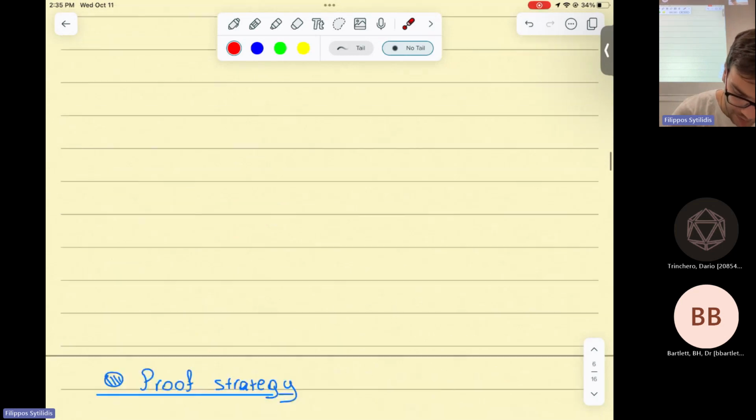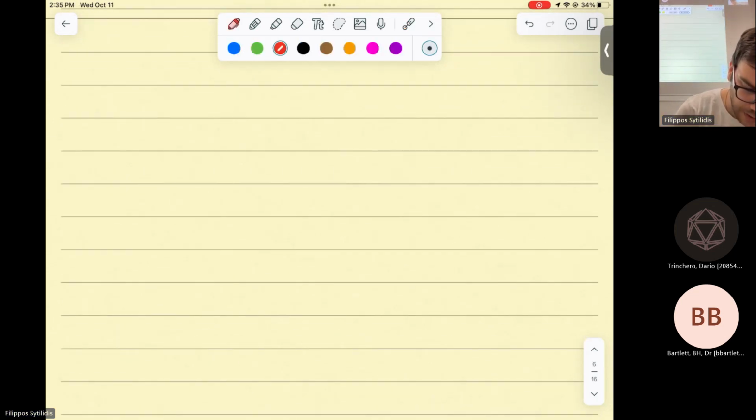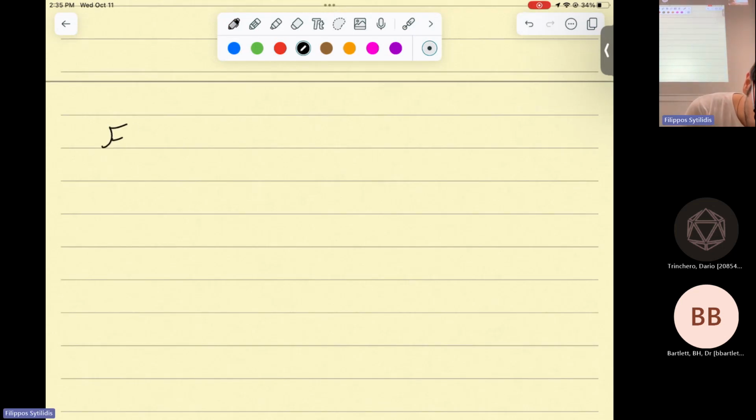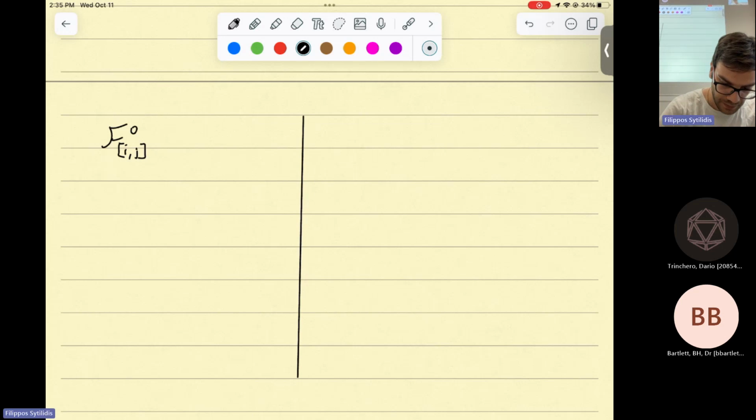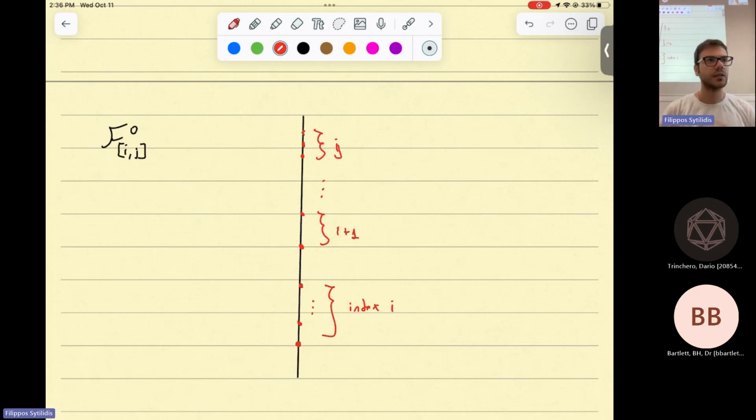So what are these mysterious F0 ij? What is a Morse graphic for those? Here I am excellent Morse, right? So I have these index i critical points, and then I have some index i plus 1 critical points, and then I have some index j critical points.